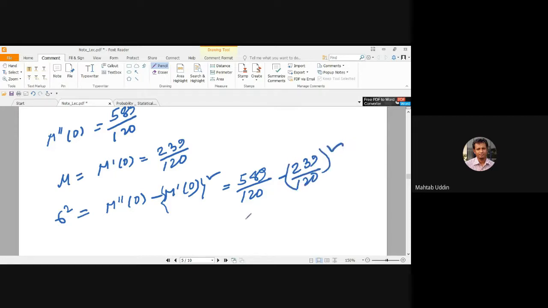After the total calculation, you'll get 13559 by 14400. If you feel difficulty, you can use a decimal.